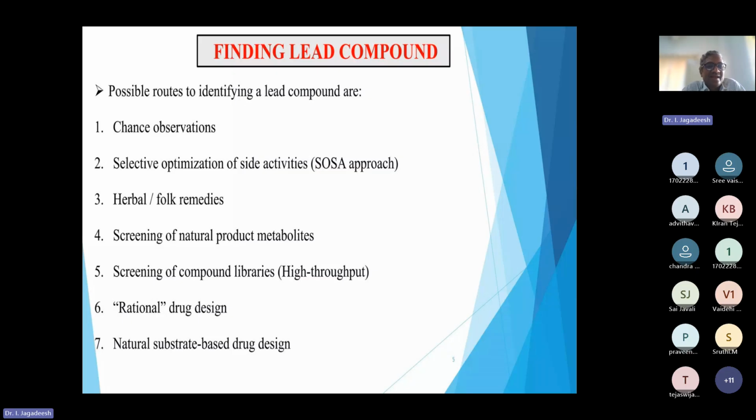Another route is herbal and folk remedies. These are age-old practices from our grandfathers, forefathers and ancestors. They had treatment methodologies lying in the home and nearby places. These remedies work very well for the treatment of disease, but they don't know the mechanism of action or the principal constituents responsible.